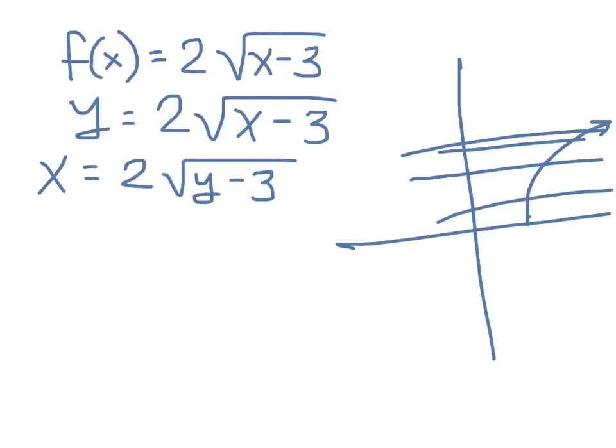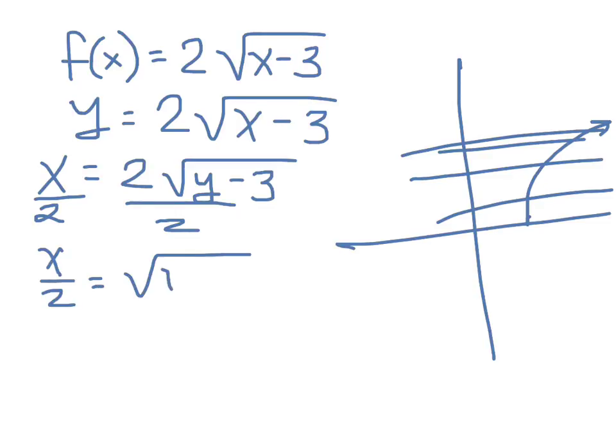I switch them. Now how do I solve? Divide by 2. So I have x divided by 2 equals the square root of y minus 3. Square both sides. Now here's the part that most people will mess up.